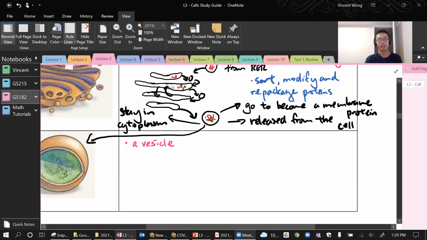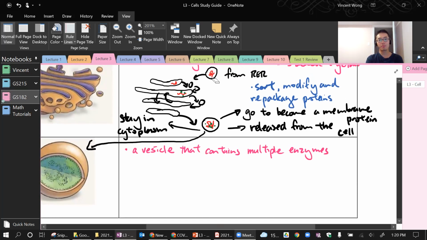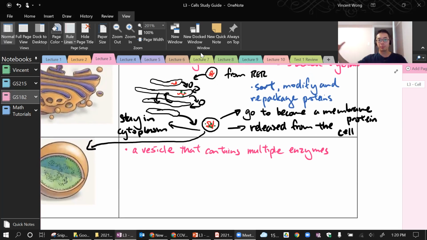It's a vesicle that branches off from the Golgi body that contains multiple enzymes, right? So maybe it's not just one protein. There could be other proteins coming in, and then the Golgi body will be putting them together and put it in one package, and then that creates the lysosome.